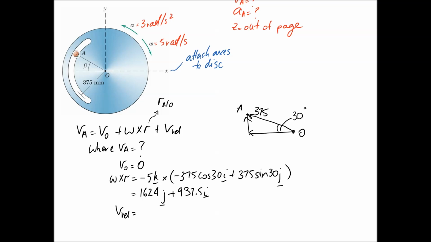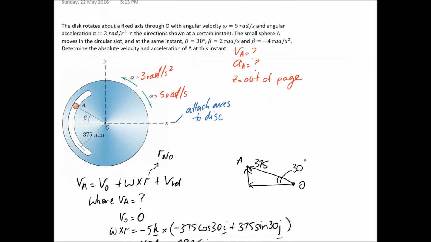So looking out at this point here, we're going to be able to calculate what the velocity is relative to the disk just by using the fact that the rate of change in your angle, beta dot, multiplied by the radius of A relative to point O, is going to give you the relative velocity. So recall that we were given beta dot, the rate that this angle changes with respect to the disk.